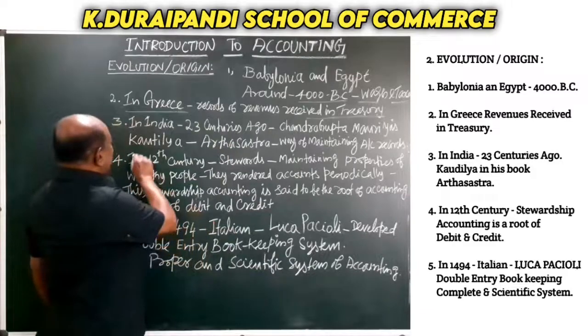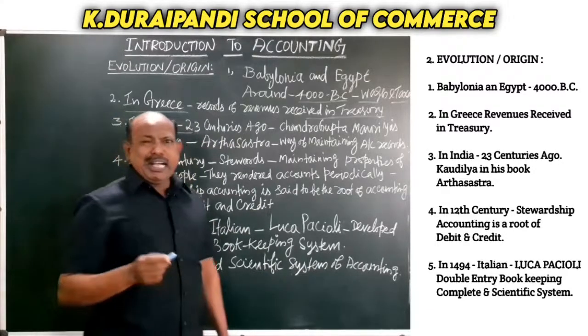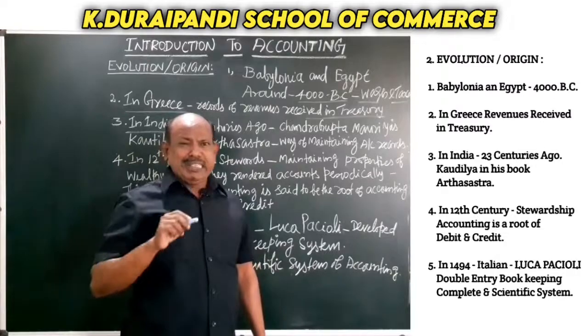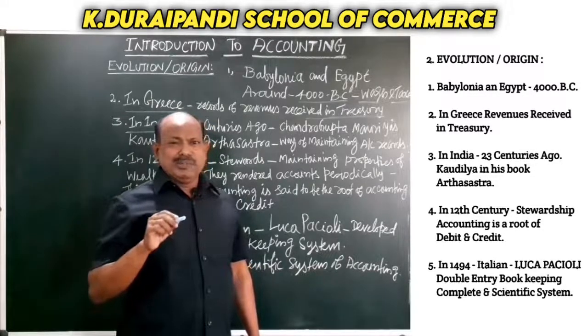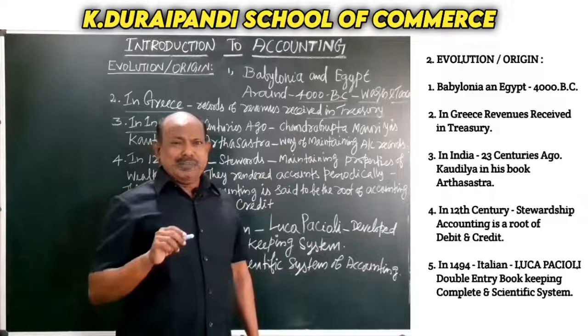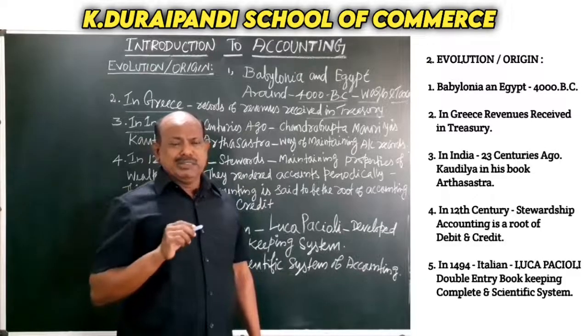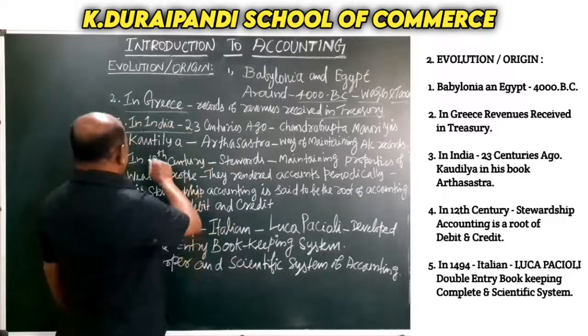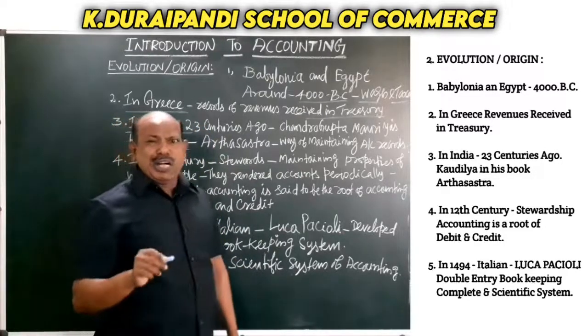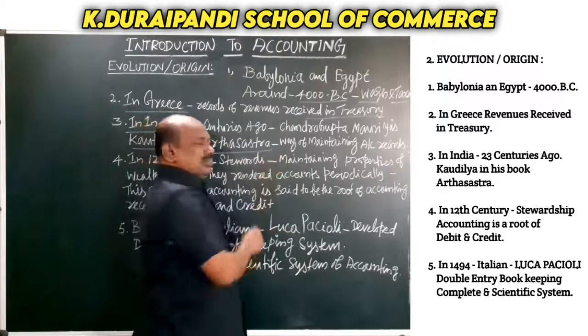In India, the accounting concept was traced from 23 centuries ago, during the period of Chandragupta Maurya. His minister Kautilya wrote a book, the Arthashastra.